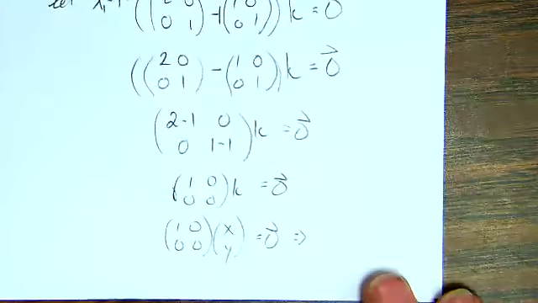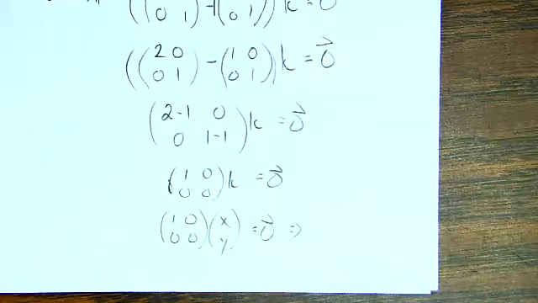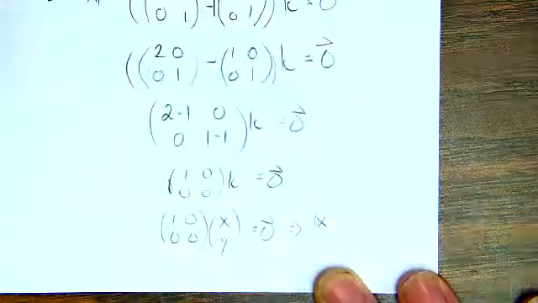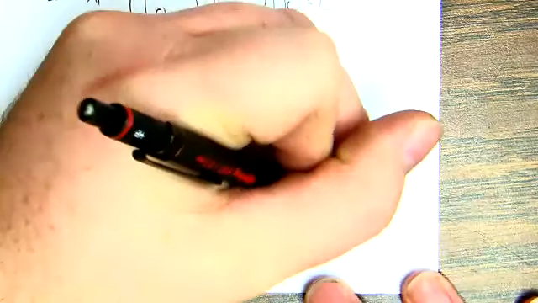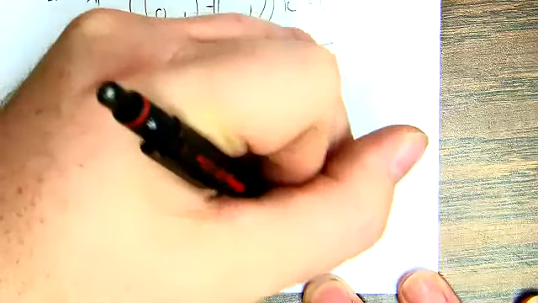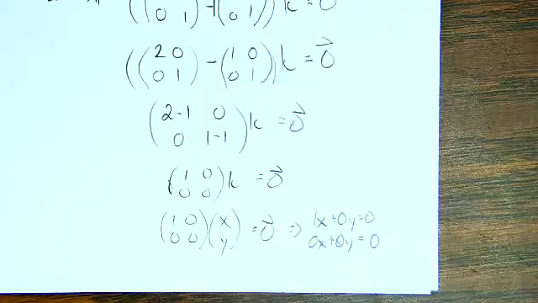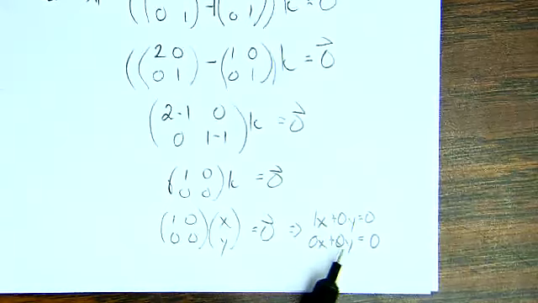You'll note, based on our solving equations last time, this is equivalent to 1x plus 0y equals 0, and 0x plus 0y is equal to 0. Now, I need to find values of x and y which hold this true. The second equation is always going to be true no matter what you pick for x and y.